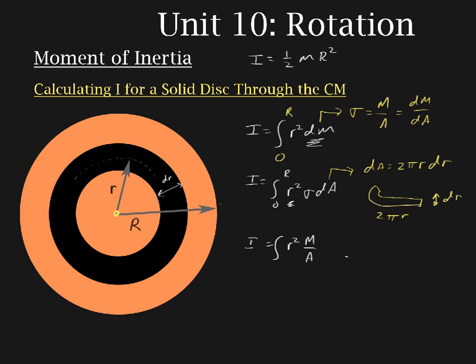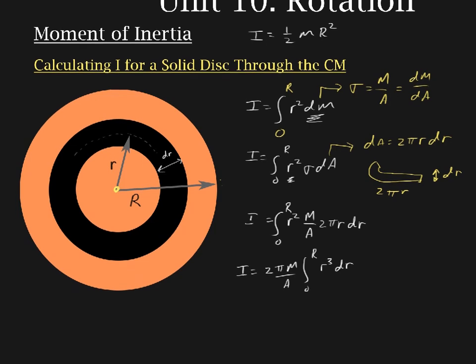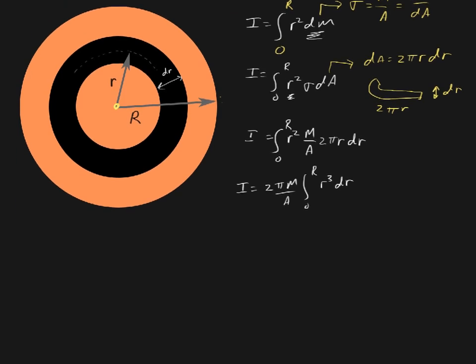And dA becomes 2 pi r times dr, and this goes from 0 to capital R. All right, so now we're just going to pull out all of the constants, and so we get I is equal to 2 pi m/A times the integral from 0 to R of r cubed dr. And now that's an integral that you should easily be able to do.